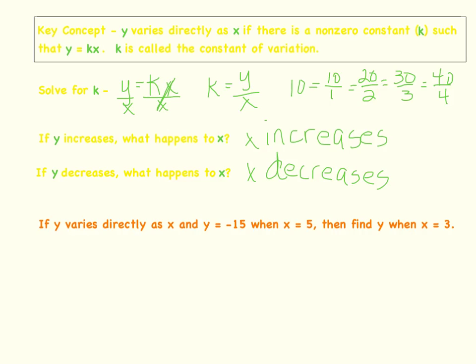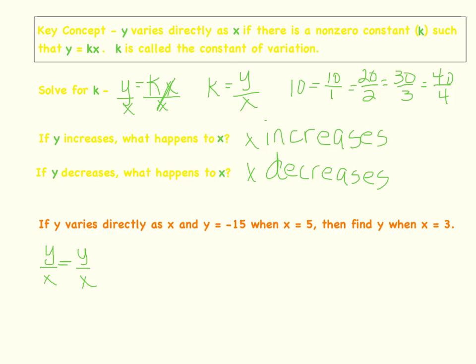Now let's look at an example. If y varies directly as x, and y equals negative 15 when x equals 5, then find y when x equals 3. Now we would set this up as y over x equals y over x.